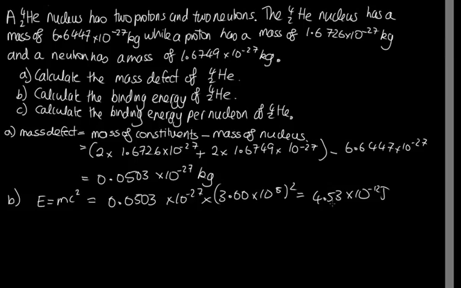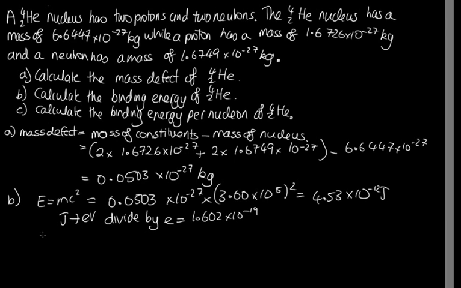Now this is a very small number, and so often in nuclear physics, rather than using joules as the unit for energy, we use electron volts or mega electron volts. In order to convert from joules to electron volts, we have to divide by e, the charge on an electron, which is 1.602 times 10 to the minus 19.